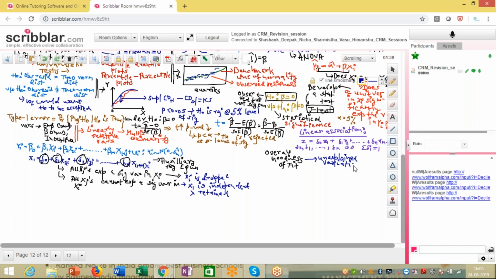So there are these two parts. One is the unexplained variation. The other is the explained variation.